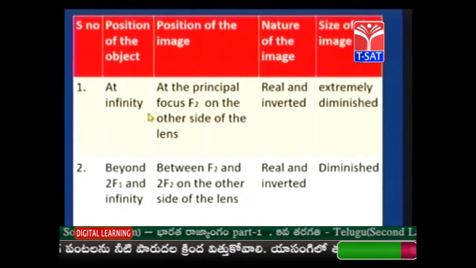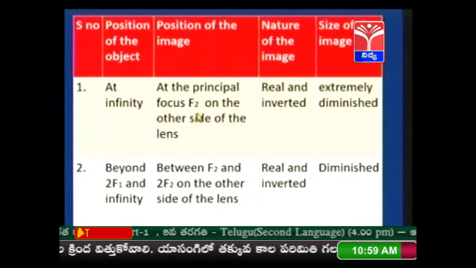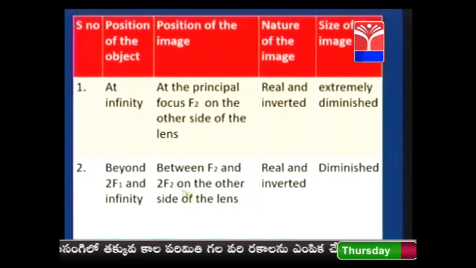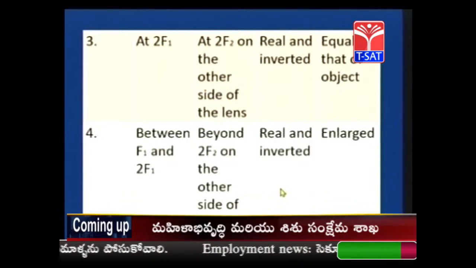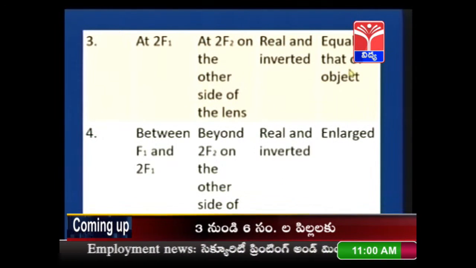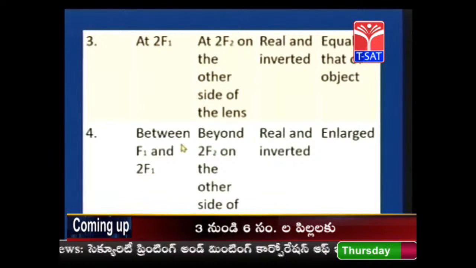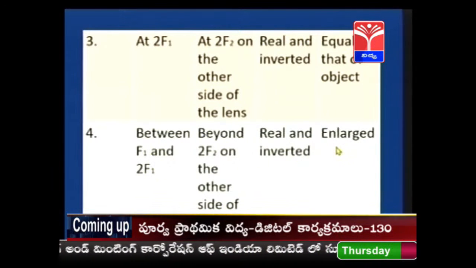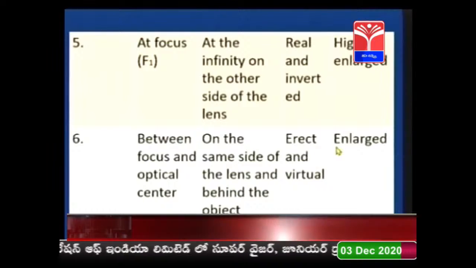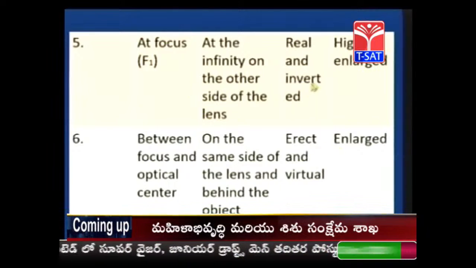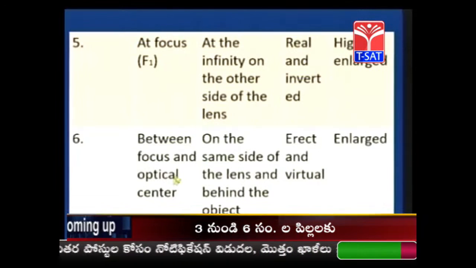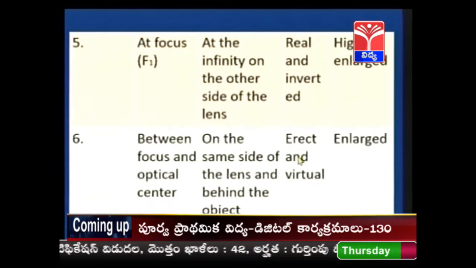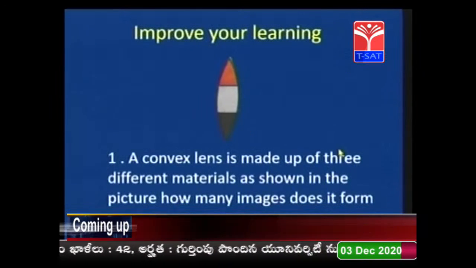When the object is at infinity, the image is at focus, and when the object is beyond 2F1, the image is real and inverted. At 2F1 the size is equal to that of the object, and between F1 and 2F1, the image size is enlarged. If the object is at the focus, the image is highly enlarged, real and inverted. Between focus and optical center, it is erect, virtual and enlarged.